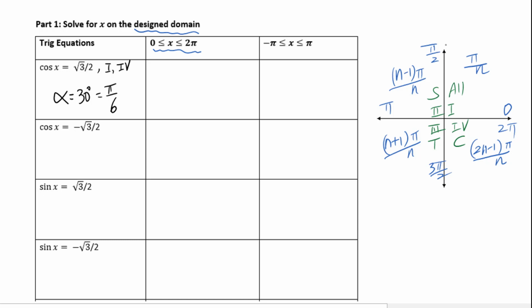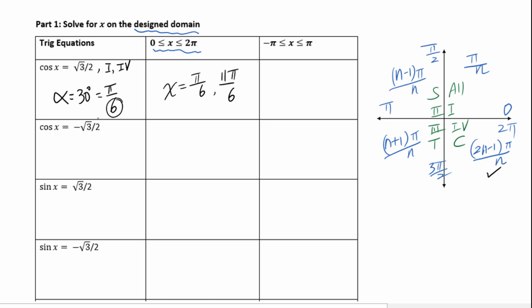Therefore, the first quadrant is pi over n. The fourth quadrant is 2n minus 1 pi over n. We know n equals 6. Therefore, your answer will be x equals pi over 6 and 11 pi over 6, because 2 times 6 minus 1 is 11.